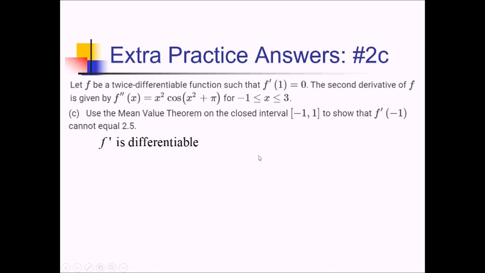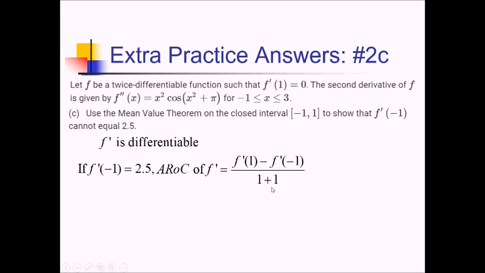So let's see what the average rate of change would be if f prime of -1 were actually 2.5, because that's a value that we're going to try to show that f double prime cannot equal. So let's assume, again, that f prime of -1 is 2.5. If that's the case, then the average rate of change of f prime would be f prime of 1 minus f prime of -1 over 1 minus -1.